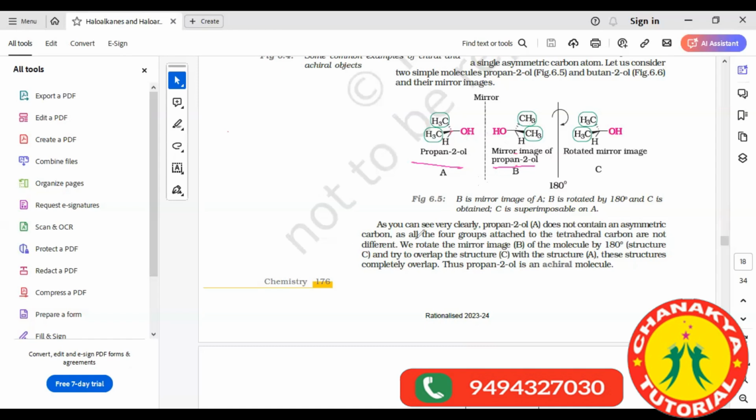A and B: B is a mirror image of A. B is rotated by 180 degrees and C is obtained. C is superimposable on A. Rotate the mirror image and you will get C. And C and your A are superimposed with each other, correct? But A and B are non-superimposable.